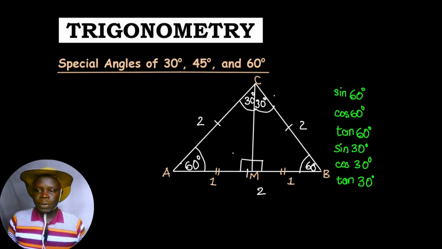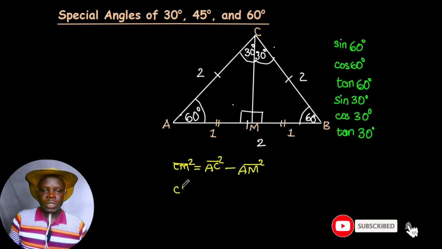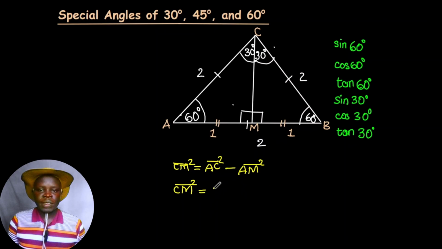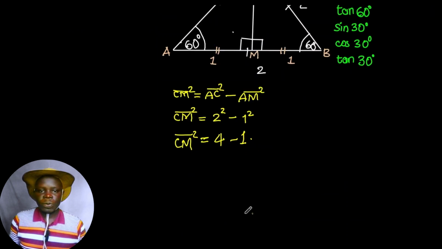Here we can use Pythagoras' theorem, where CN squared is given by AC squared minus AN squared. Substituting, CN squared is given by AC, which is 2 units, squared, minus AN, which is 1 unit, squared. So we have 4 minus 1, and this is CN squared. Subtracting 1 from 4, we get 3, and therefore CN squared is 3.